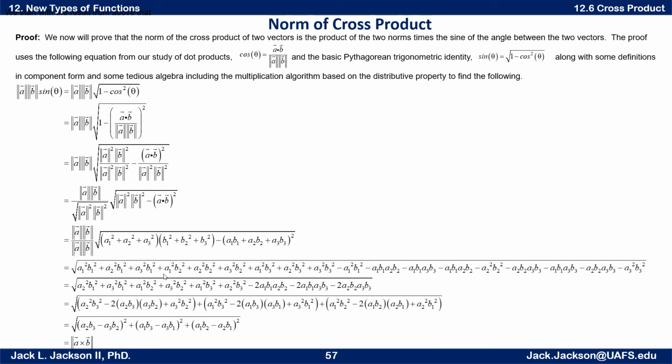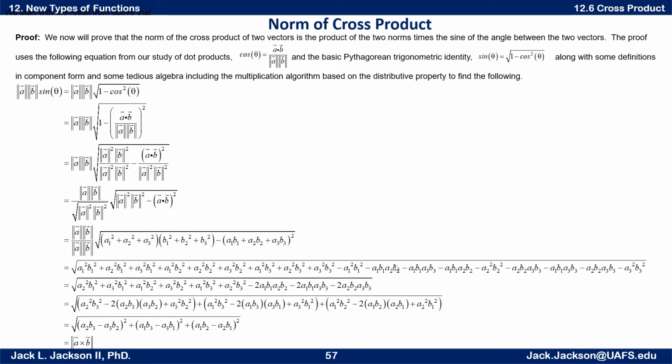This version, A2 squared B2 squared, cancels with that one. And A3 squared B3 squared cancels with that one. You're left with all these others with squares here, where they have different subscripts.